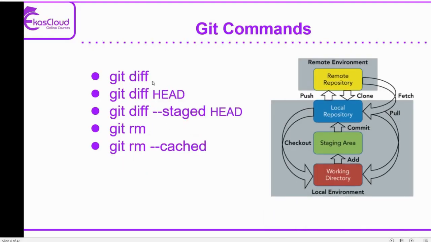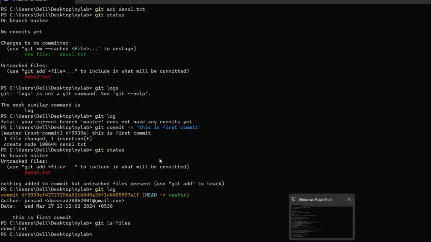We can see the difference commands. First we can see this command git diff. This command helps to compare the files placed in the working directory and the staging area. We already have one file in our working directory, and also we have one file in the staging area.